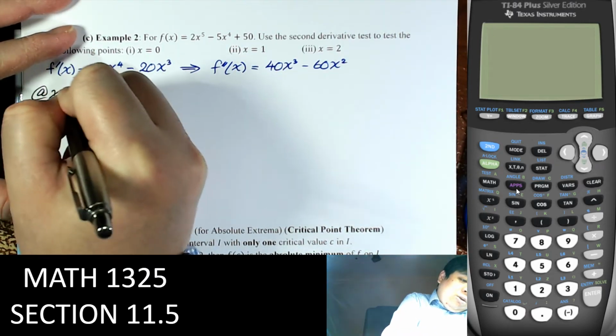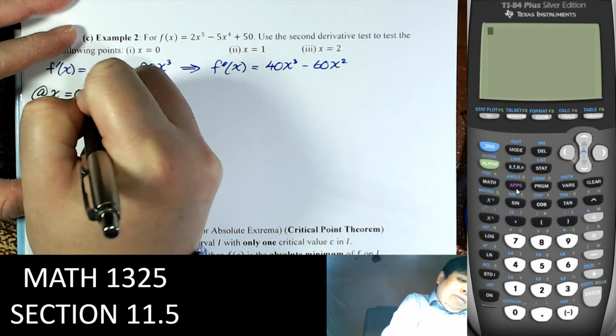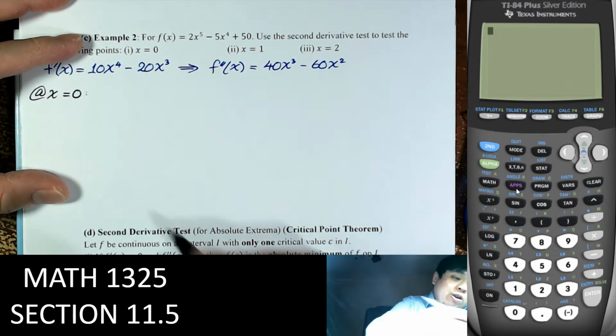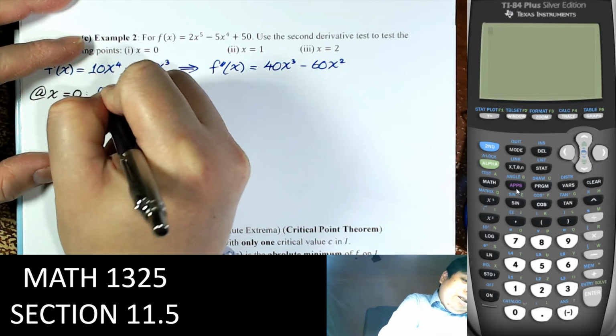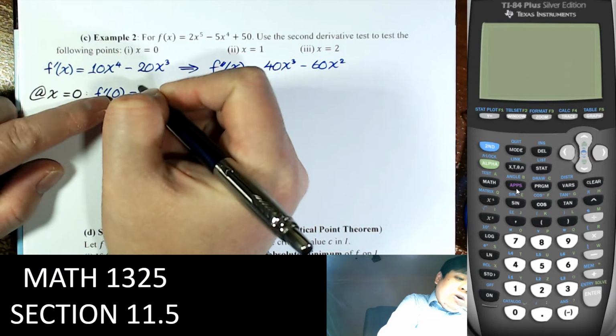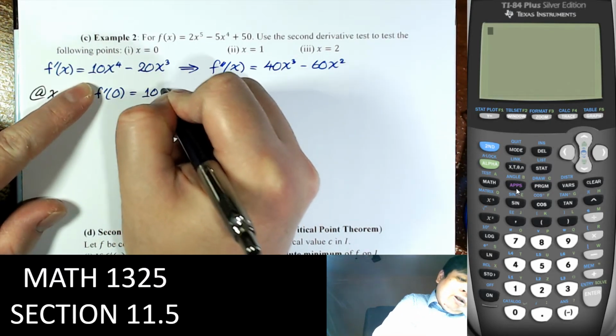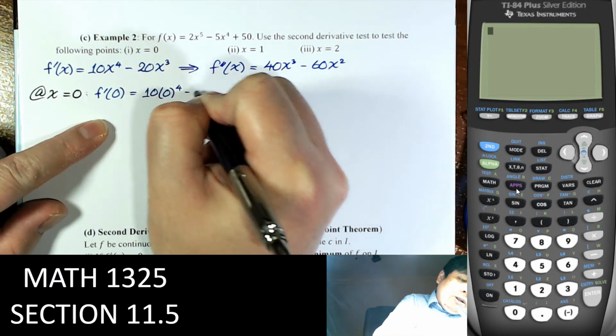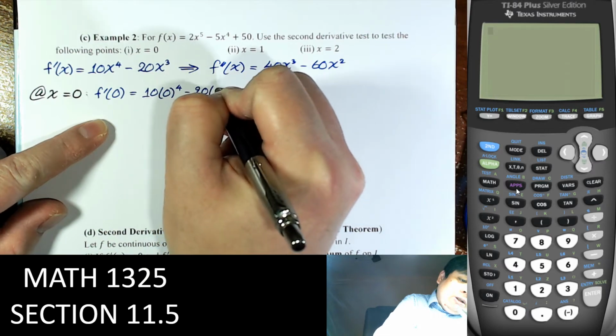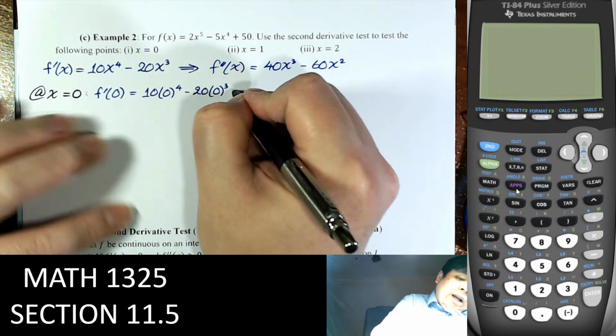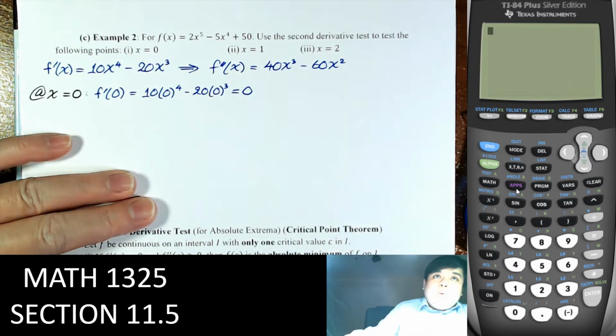At x equal to 0, we do need to test the derivative though. I put 0 in the derivative, and it is equal to 0. So why do we need to do that?